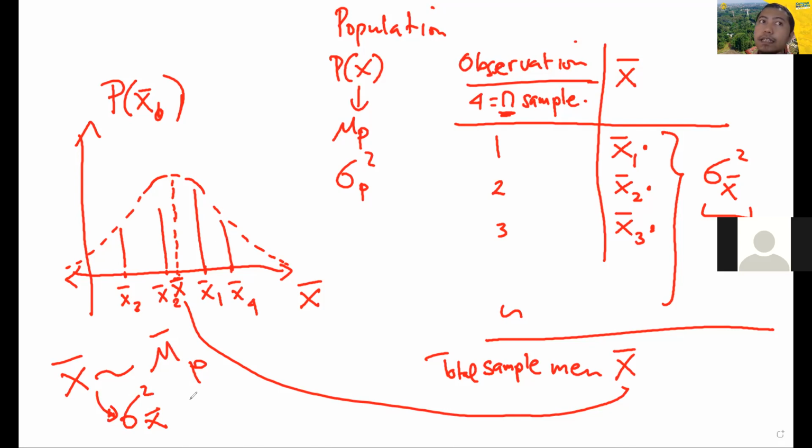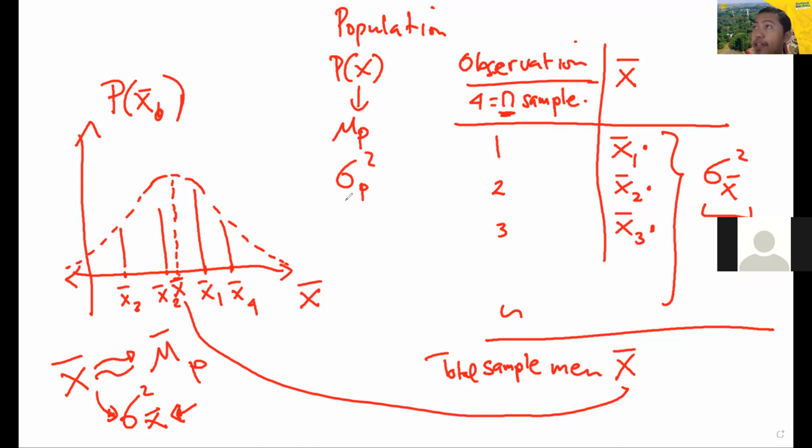Because if this is smaller, it means the total sample mean will be close to the mean of the population.